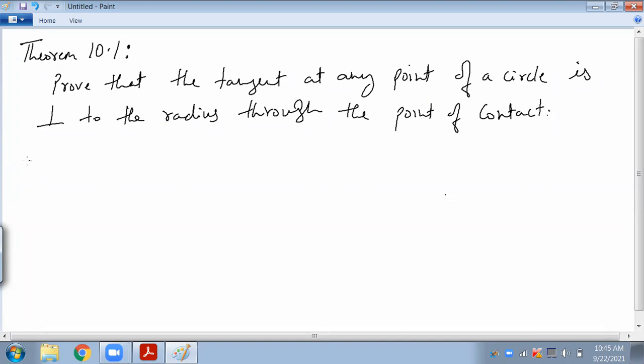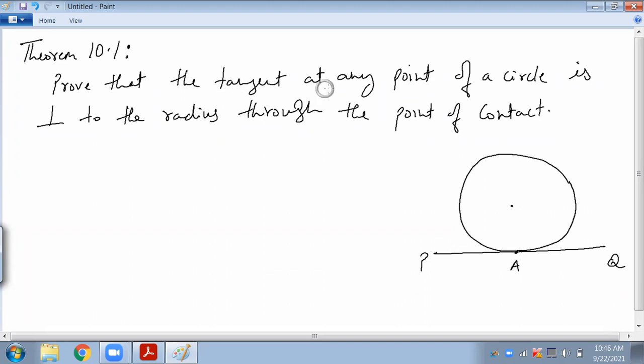Okay, so we are going to prove it. Let's say we have a circle and we have a tangent. Let PQ be a tangent at a point A. According to this theorem, if there is any tangent to a circle, then the radius drawn through the point of contact will be perpendicular.